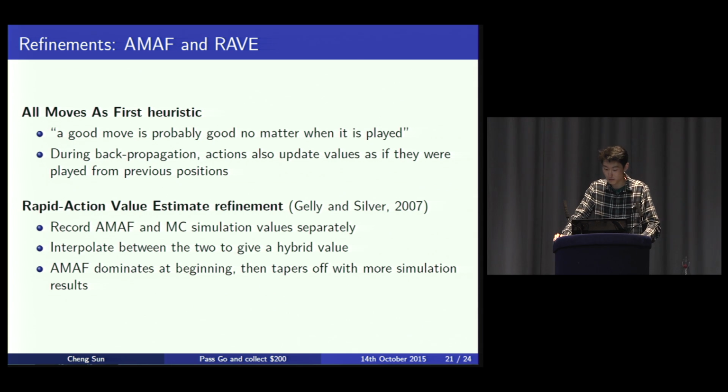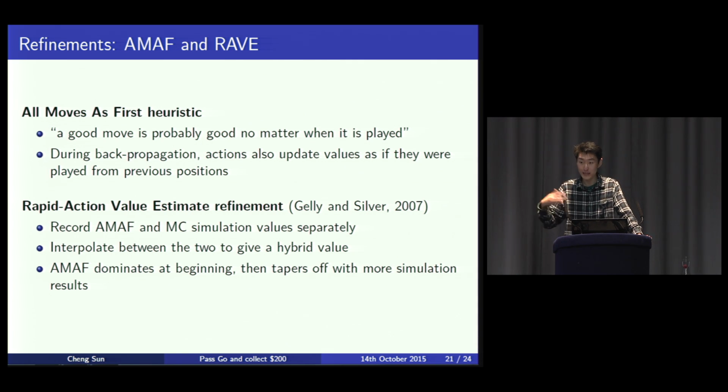And so this is what RAVE, Rapid Action Value Estimate, tries to do. It records the statistics that we get from Monte Carlo simulation, the playouts. It also records separately for each node the statistics that accumulate from the all moves as first heuristic. And then at the beginning, when we don't have many simulations, we take the statistics from AMAF seriously, and we use them to be fed into the bandit algorithm, the bandit selection algorithm.